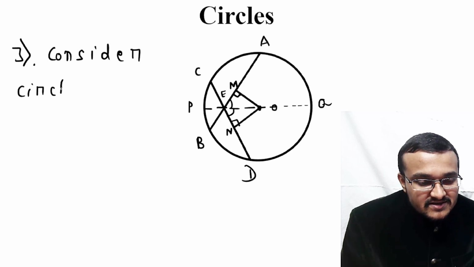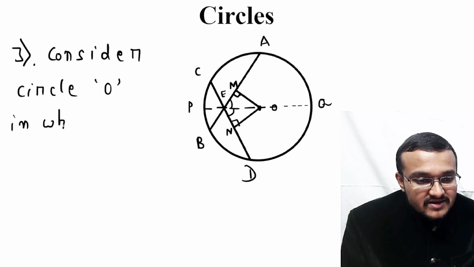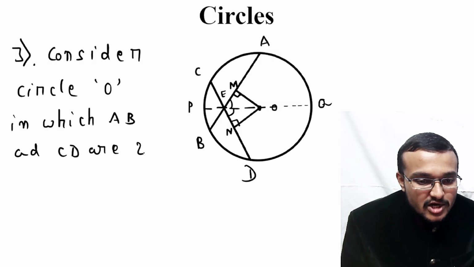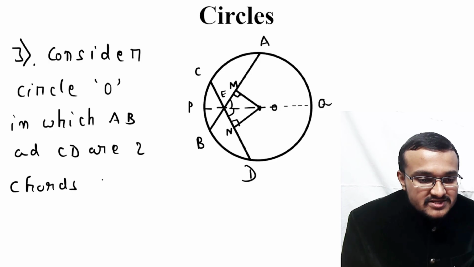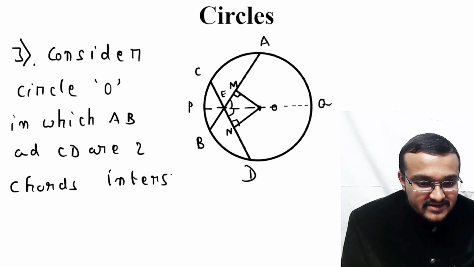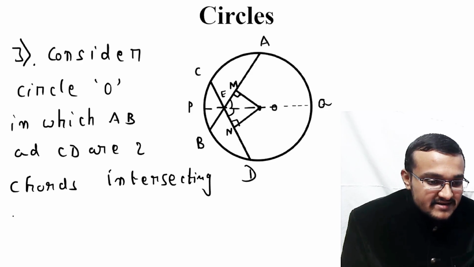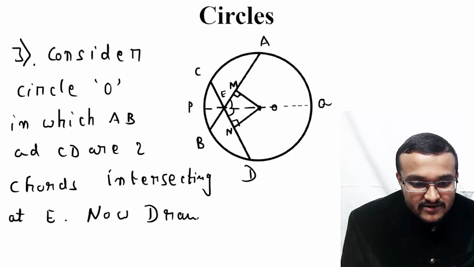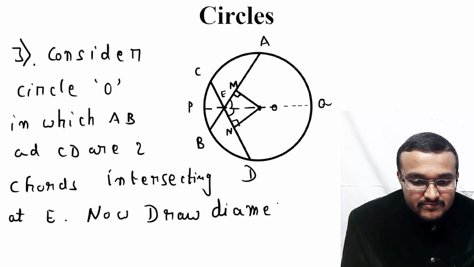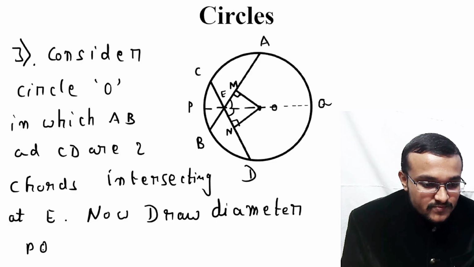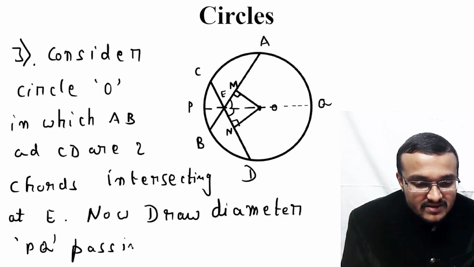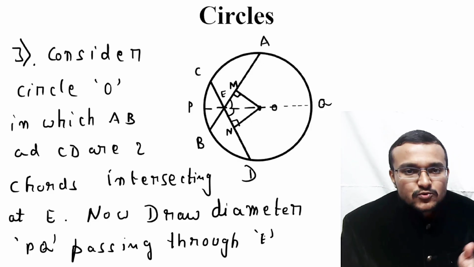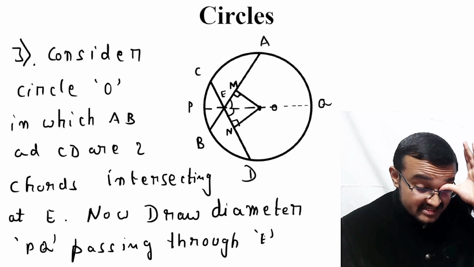Consider circle O in which AB and CD are two chords intersecting at E. Now draw diameter PQ passing through E and the center O. Of course, diameter means it has to pass through the center, so no need to mention that.